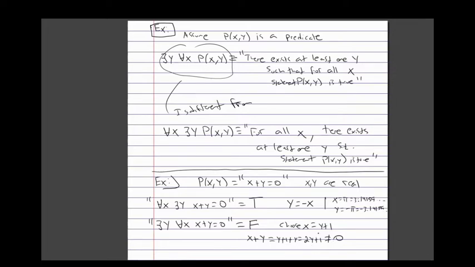So the idea here is that you can always find a counterexample. For any value of y that you choose, you'll have any number of valid counterexamples that make this a false statement. You can never find one real number such that for any other real number, when you add them together, you get 0. There'll always be another real number that doesn't satisfy that.